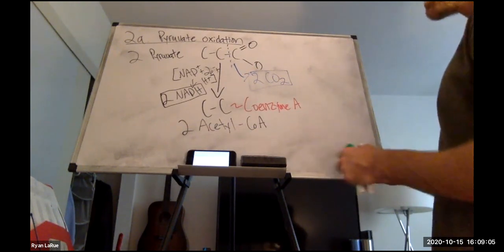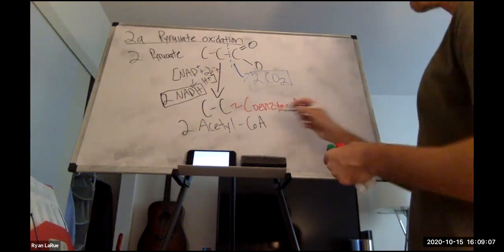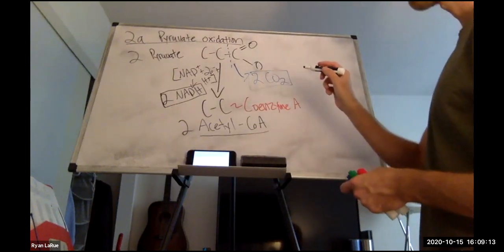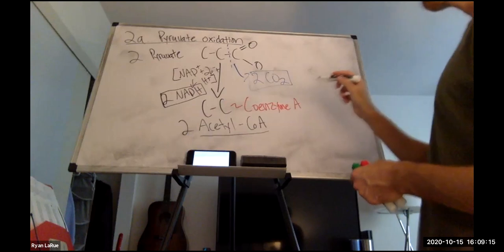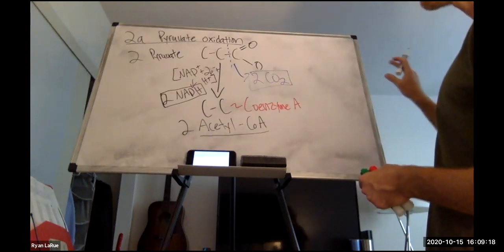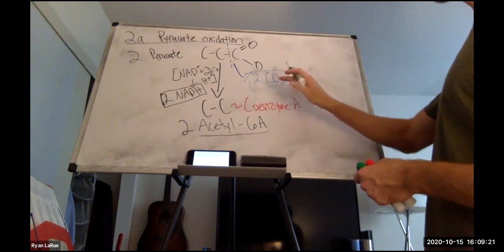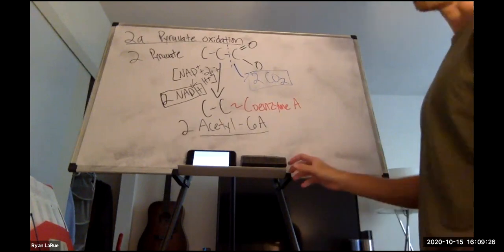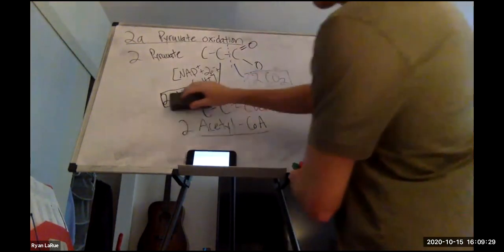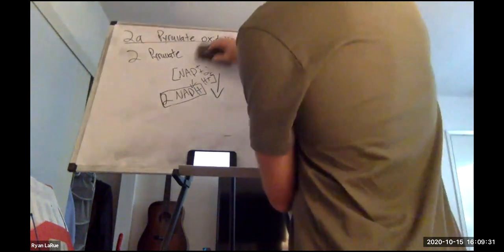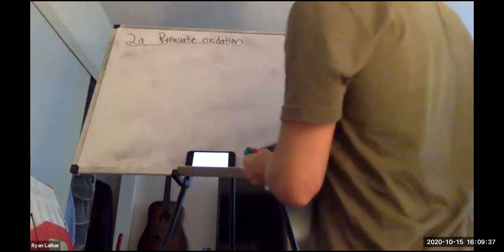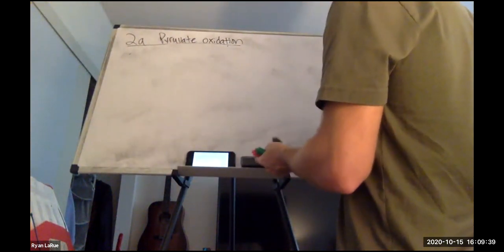And now that we have acetyl-CoA, acetyl-CoA is able to enter the Krebs cycle to begin 2B. And so I usually have a giant whiteboard, but I think I'm just going to erase this. But we're going to start with this 2-carbon molecule called acetyl-CoA in the Krebs cycle. So let's do that. So this would be 2B.